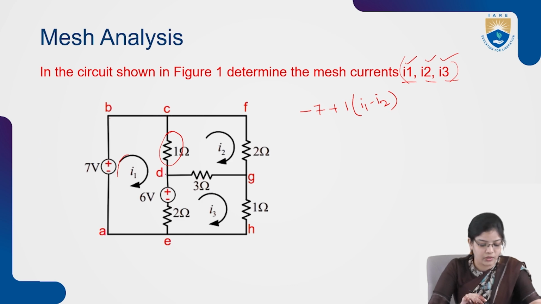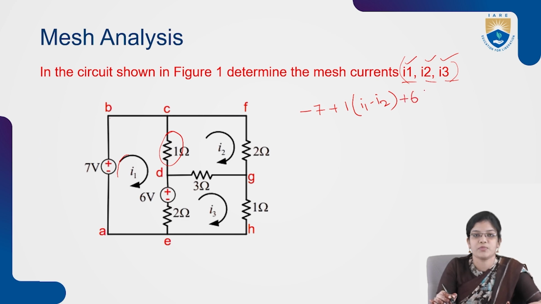Then moving to the next element, a +6 volt source is connected for the first mesh, in between mesh 1 and mesh 3. As the current is flowing in the clockwise direction, the current is flowing from positive to negative, so it will be taken as +6.